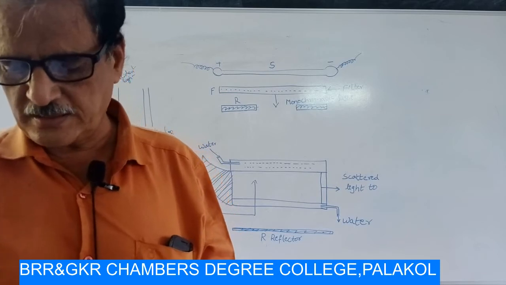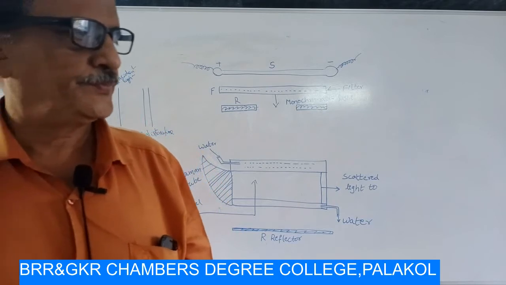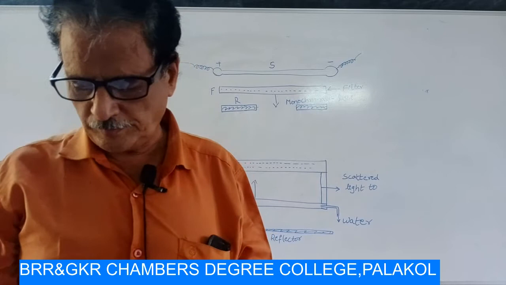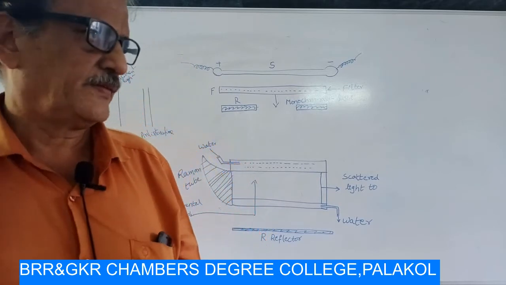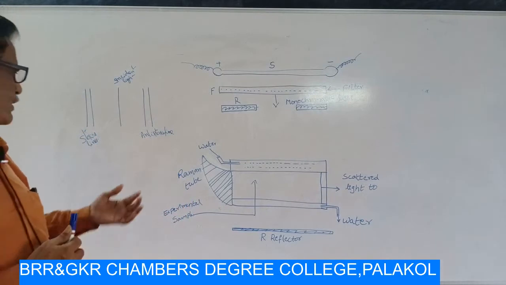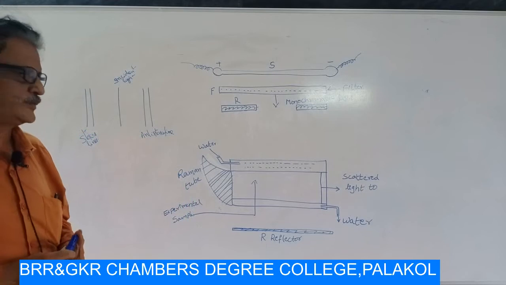This effect is called the Raman effect. So, the Raman effect is the characteristic property of this scattered light.